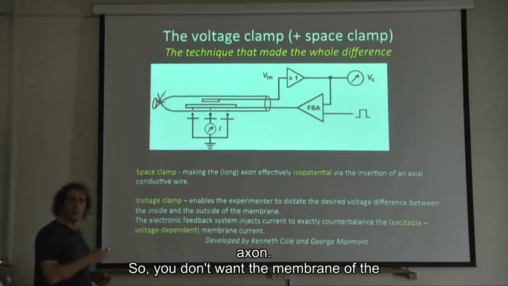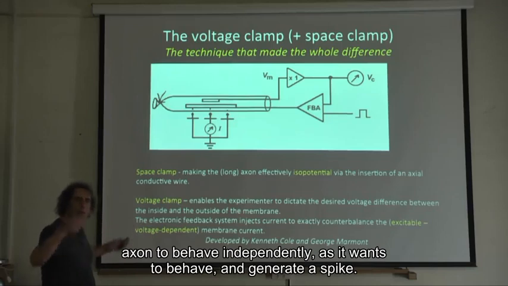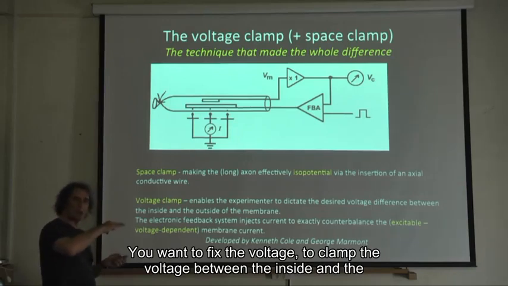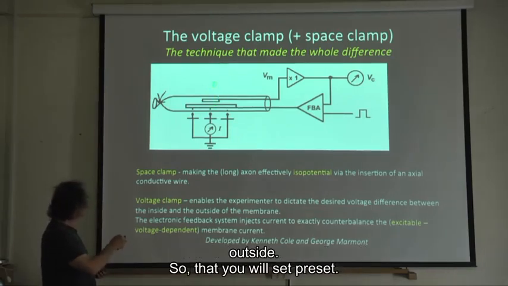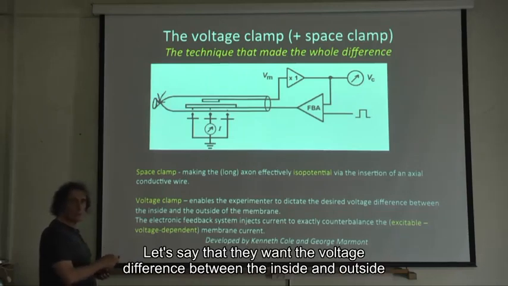So you don't want the membrane of the axon to behave independently as it wants to behave and generate a spike.